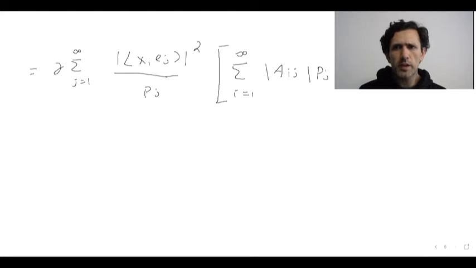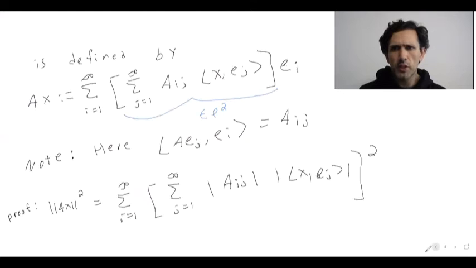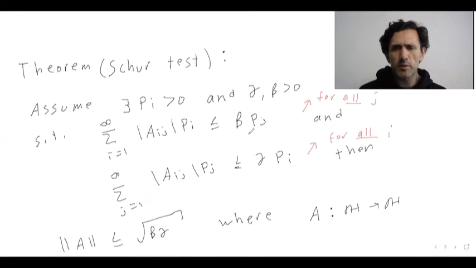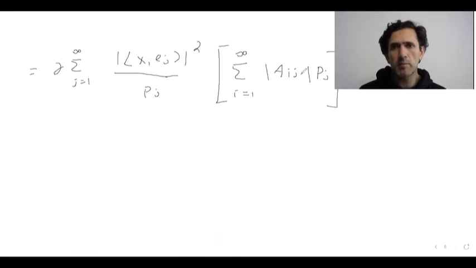This sum here, for each j, is less than or equal to beta times p_j.